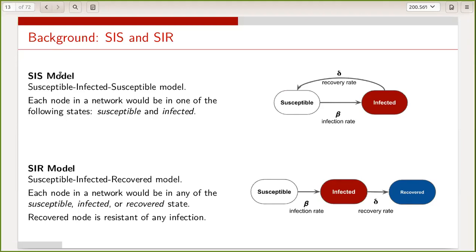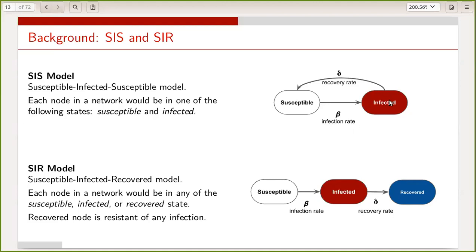In the SIS model, we have susceptible, infected, and susceptible. Susceptible means the healthy user, the user that has no hoax. And the infected user means the user that has caught the hoax, right? Each user has a certain probability, called the infection rate, to become infected.